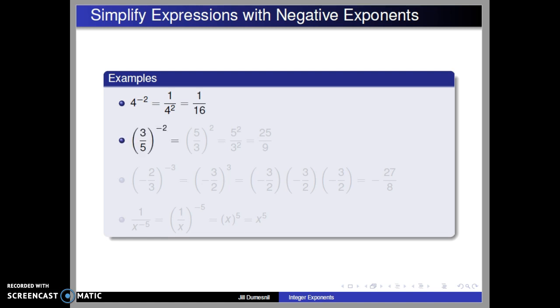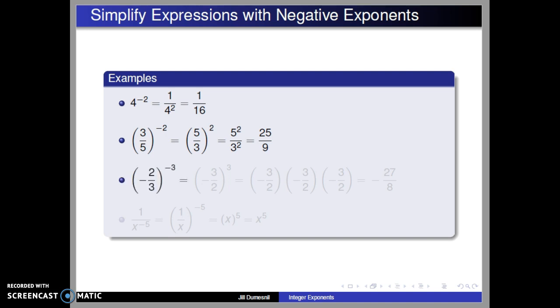Consider the fraction 3/5 raised to the minus 2 power. The negative exponent means reciprocate, so we have 5/3 squared. Applying the exponent to the numerator and denominator, we get 5 squared divided by 3 squared, which simplifies to 25/9.